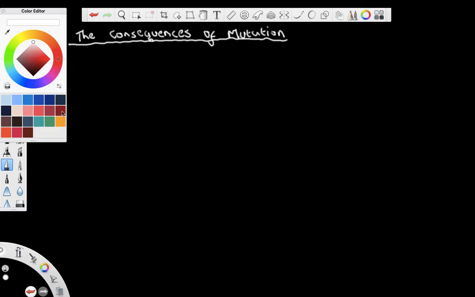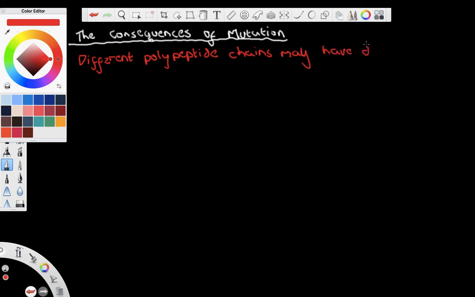Okay, so we can say that different polypeptide chains may have different amino acids with different R groups, full stop.